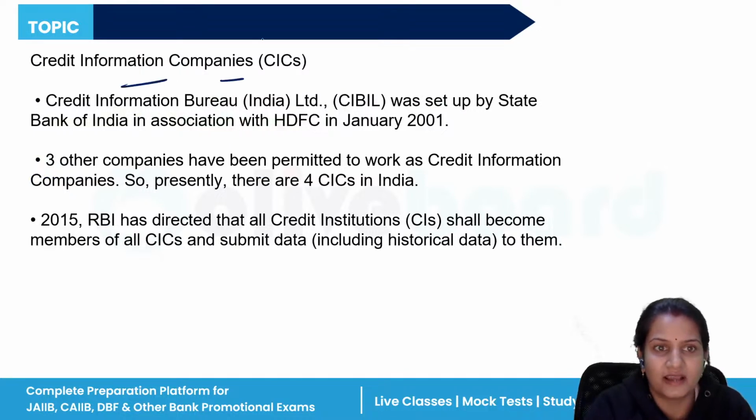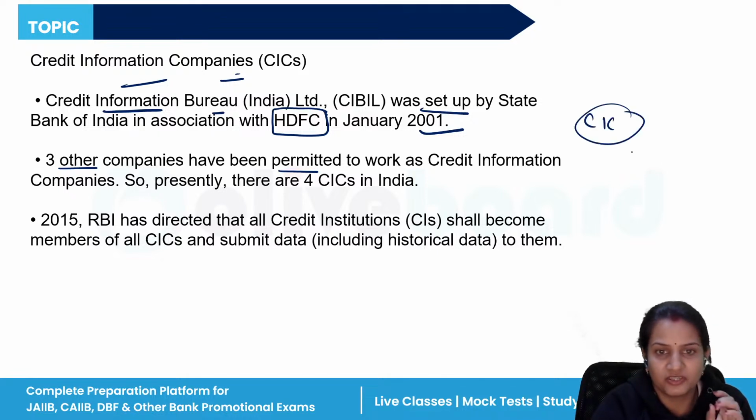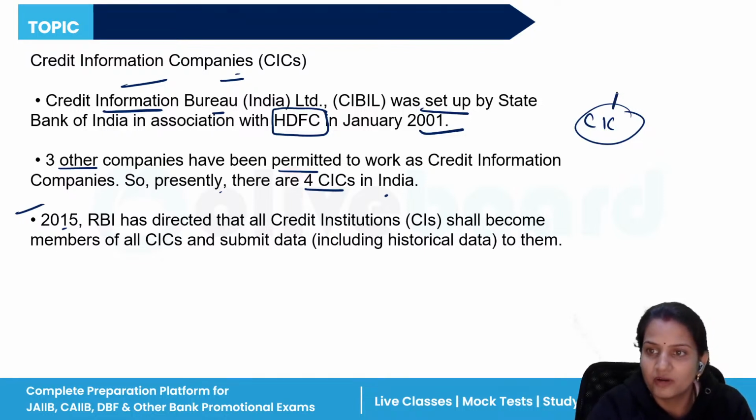Now, the Credit Information Bureau was set up by SBI in January 2001, with which bank? With HDFC Bank. Three other companies have been permitted to work as CICs, and presently there are four CICs in India. In the year 2015, RBI said that all credit institutions will become members of CIC.